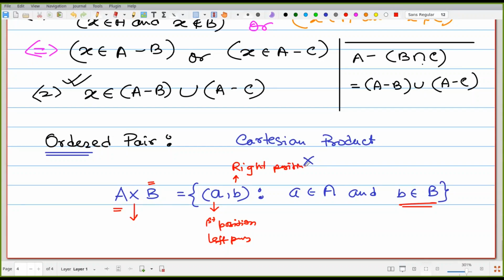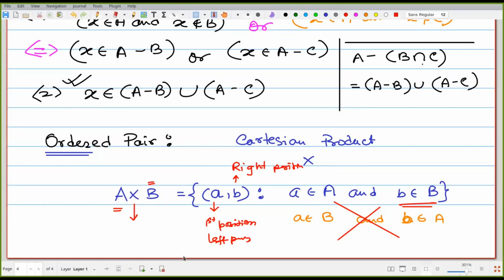Okay, let's check with some examples. If you say here that a is belonging to B and b is belonging to A, that is completely wrong, because the order is a must here.